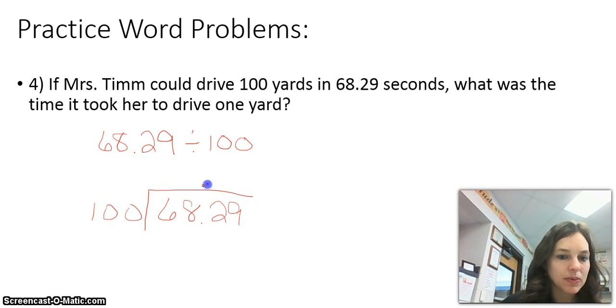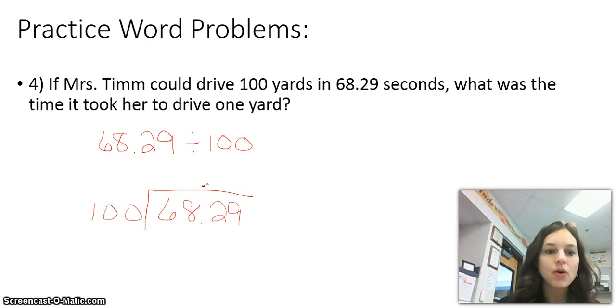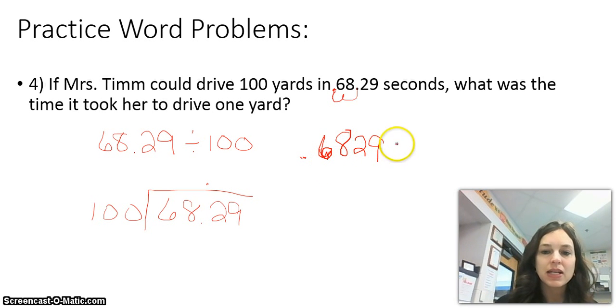You could line up the decimal point and you could go through the traditional algorithm, or you could think 100 has 2 zeros in it, so I'm going to move this decimal point over to the left 2 spaces, 1, 2, decimal point, and I will get decimal point 68, so 6,829 10,000ths seconds.